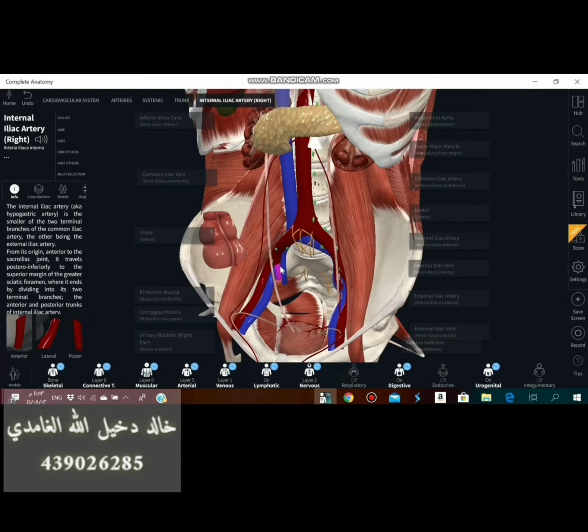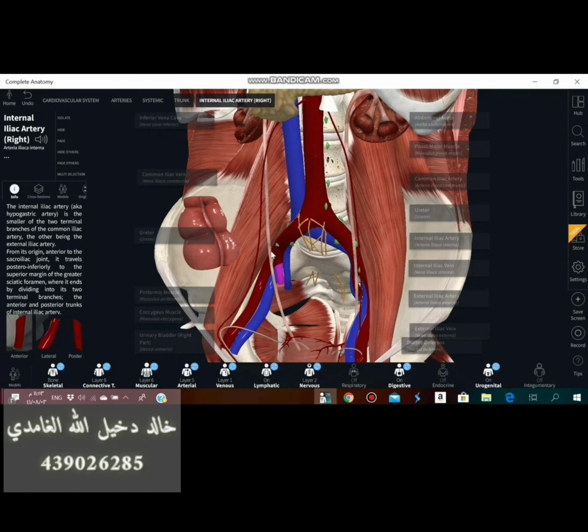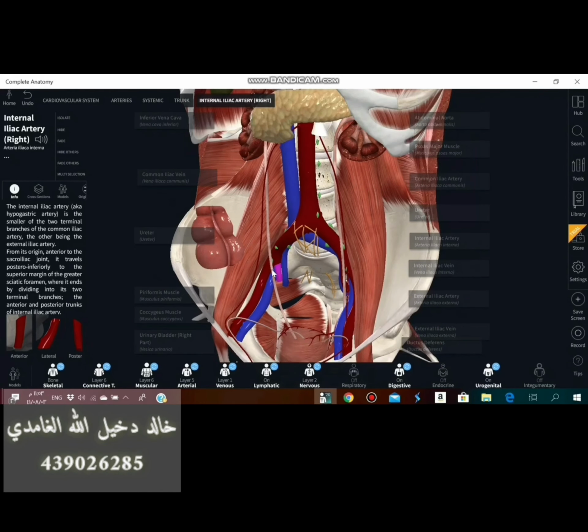For example, if you are a surgeon, you wouldn't want to cut the iliac artery. You have to be sure that you cut the right place, which is the ureter, because in the operating room this area will be so bloody. If you don't understand the anatomy very well, you may cause a big problem.